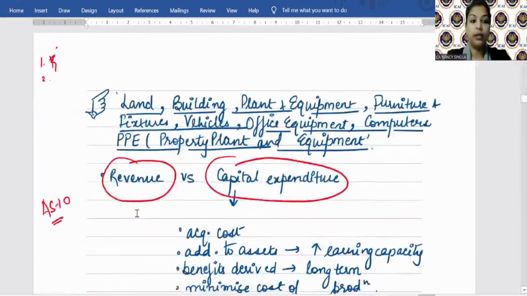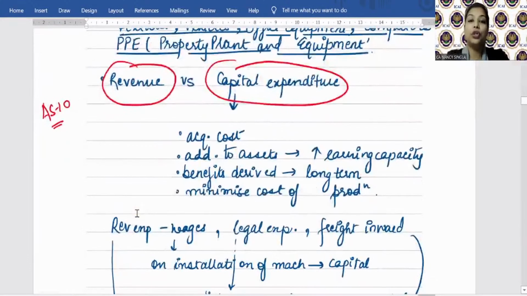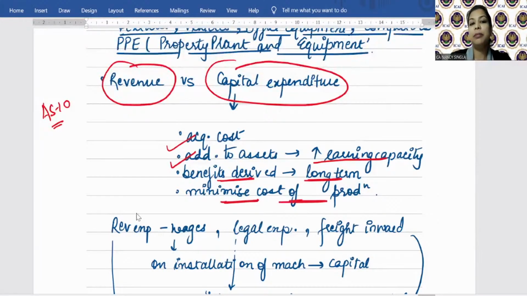So auditor will perform the audit procedures in order to see whether any expenditure that has been incurred with respect to a particular PPE, whether that needs to be charged to P&L or whether that needs to be added to the cost, that is, to be considered as capital expenditure. है ना? So acquisition cost, any addition to the assets that increases the earning capacity, any benefits derived which are long-term in nature, or the expenditure that minimizes the cost of production, these are to be what?